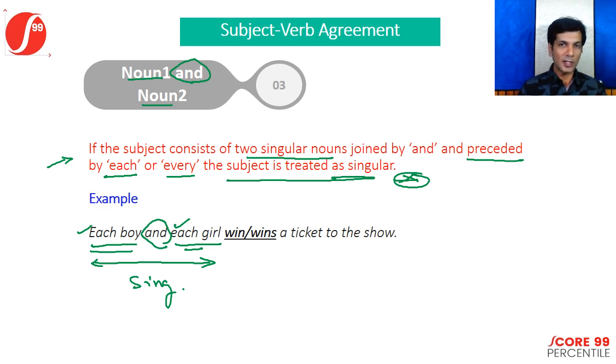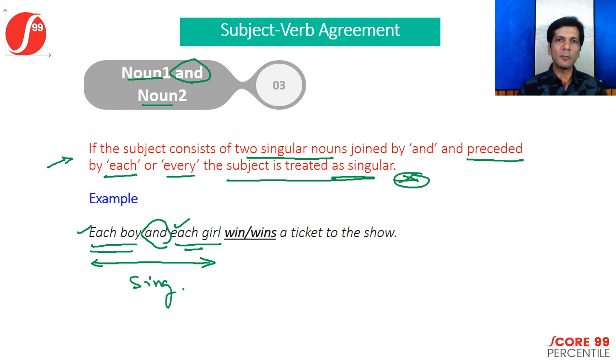Now, here comes the confusion. Between win and wins, what is the singular verb? In case you're in doubt, go back to what we discussed a little while back. Now that you understood that the subject is singular, replace this with a singular pronoun. Now, you're talking about each boy, each girl, singular pronoun. So we're saying each one person.